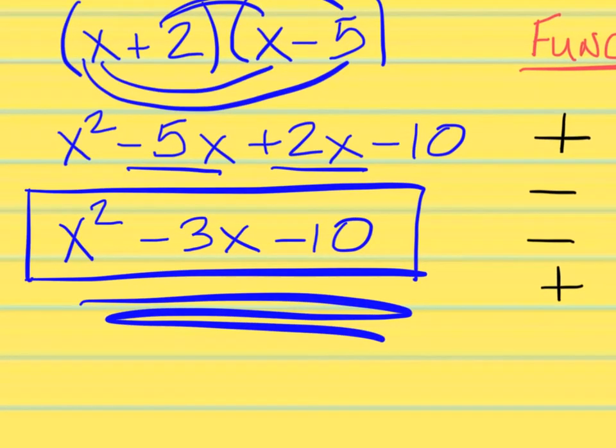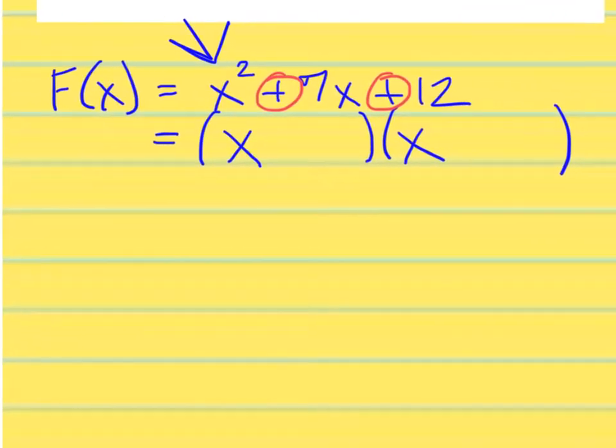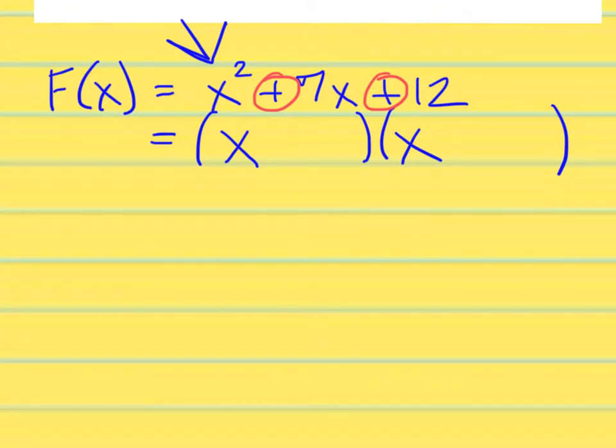So we go back over here. What two signs will show up in the quantities? Plus plus. Now the last part is to find two numbers that will multiply to get this, but they will add to get this.